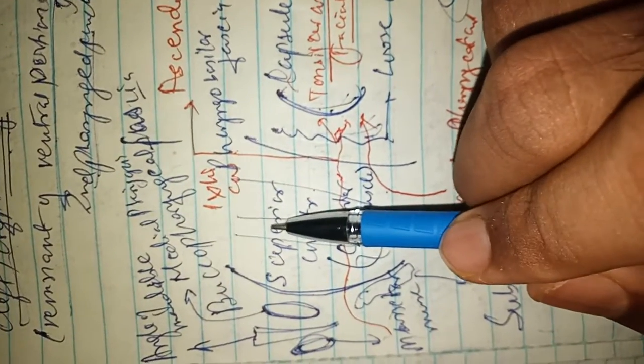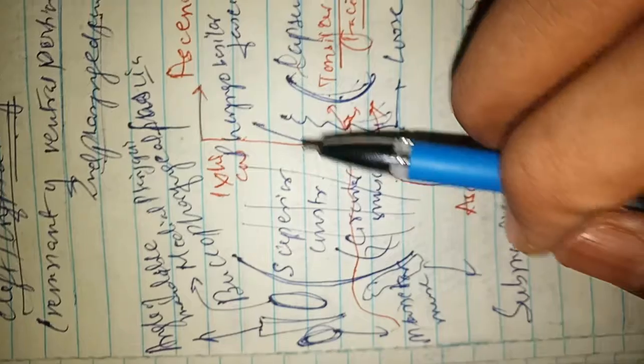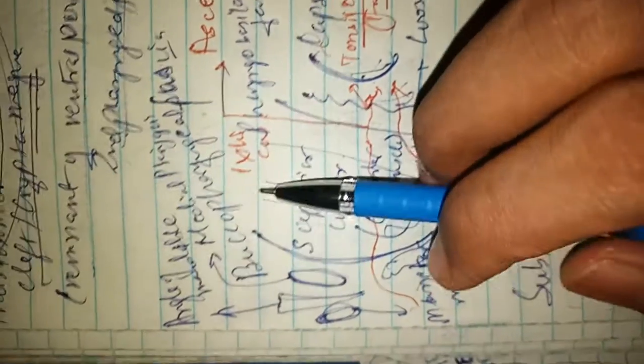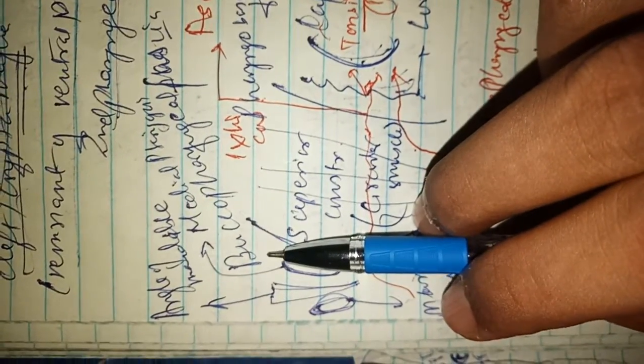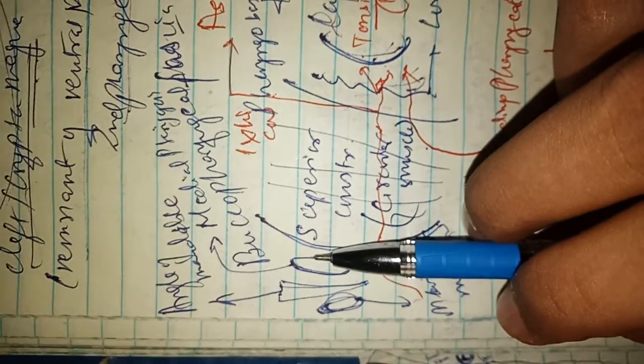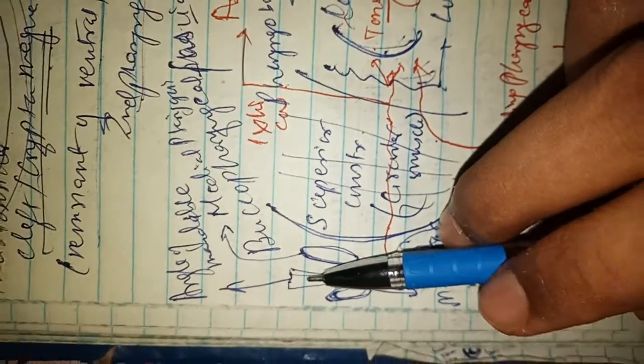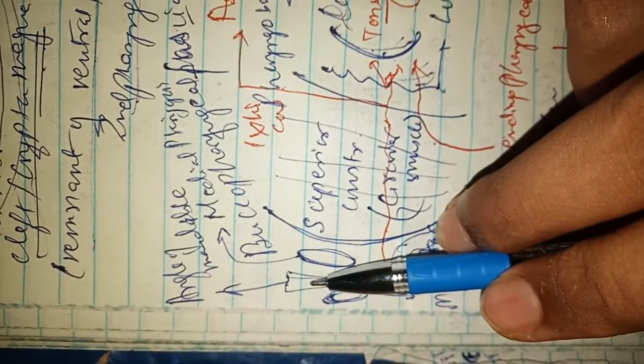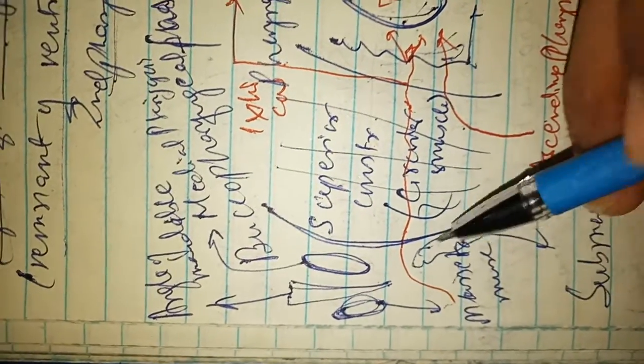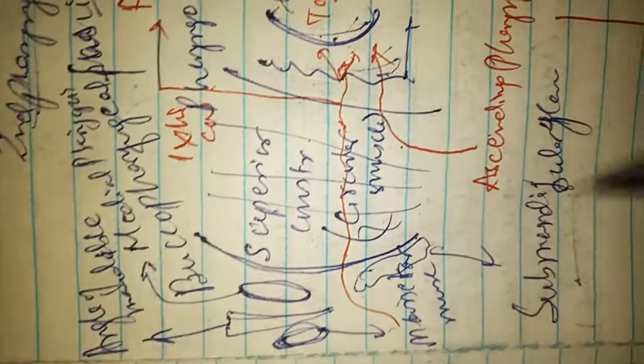It is located in between the pharyngobasilar fascia medially and the buccopharyngeal fascia laterally. Beyond the buccopharyngeal fascia laterally there is the medial pterygoid muscle, then the angle of the mandible, then the masseter muscle, and below there is the submandibular gland.